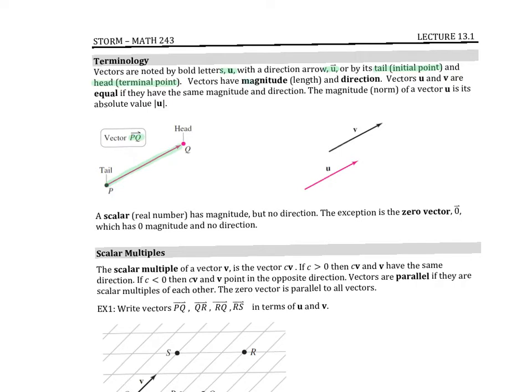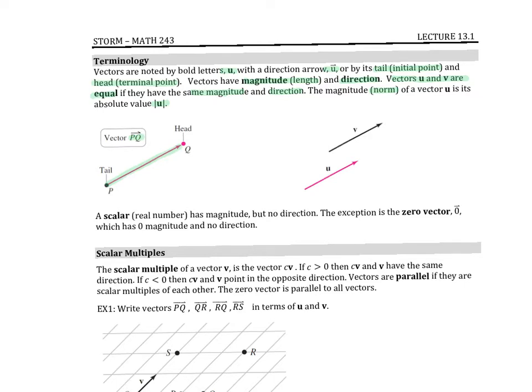So vectors have a magnitude, which is just its length, and it has a direction. Vectors are equal if they have the same magnitude and the same direction. Sometimes we call the magnitude the norm of a vector. And we indicate magnitude with absolute value bars.